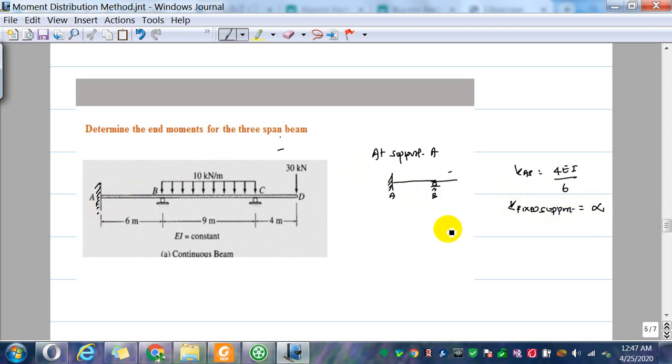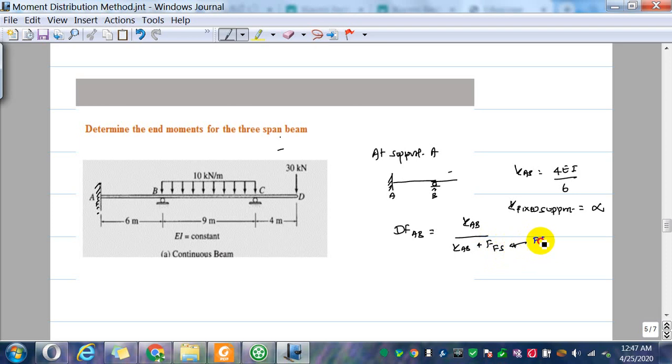If you look at the distribution factor AB, what percentage of the moment is controlled by AB? It is KAB over KAB plus K of the fixed support, where FS stands for fixed support.